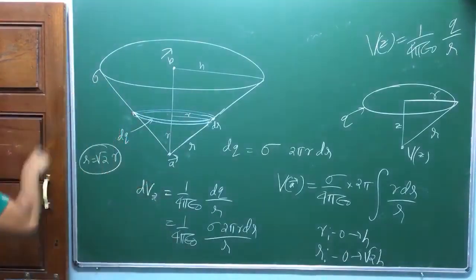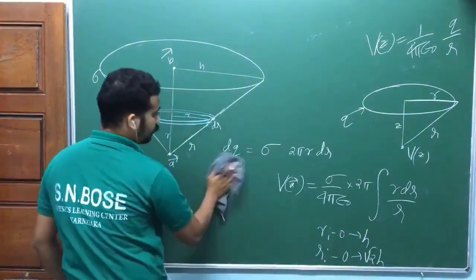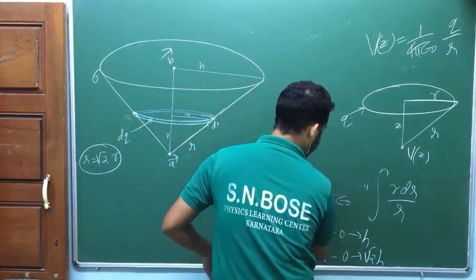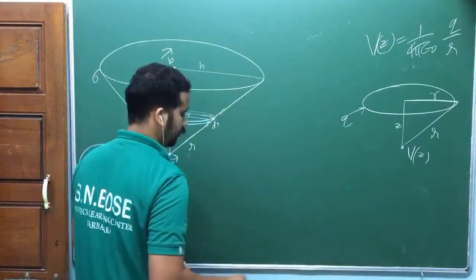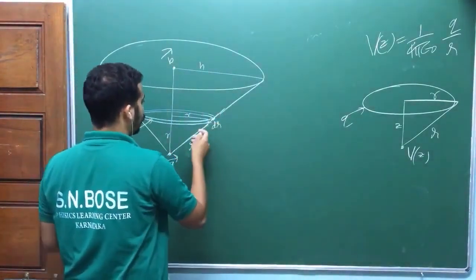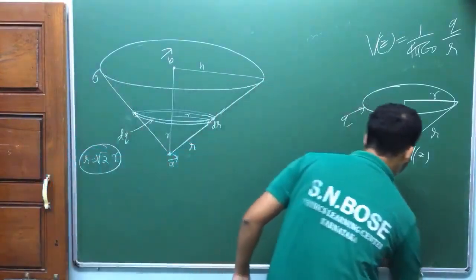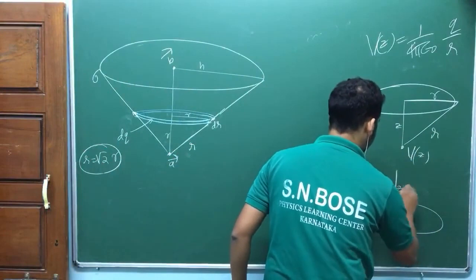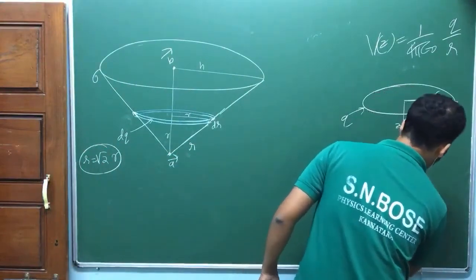Now potential at B is not that straightforward. I will not do the integral. To find potential at B, let me think like this. I have a ring here, with radius r, and italic R here.